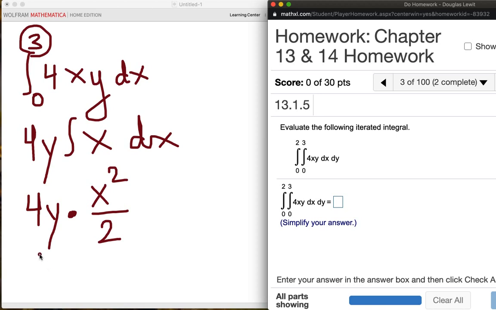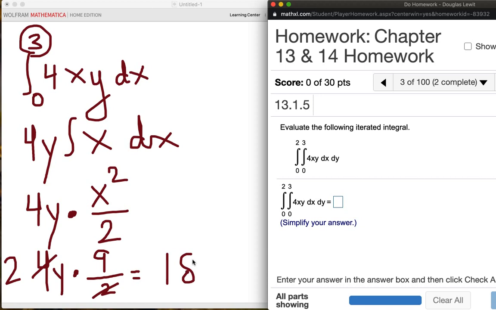We have 4 times y times 3 squared, which is 9, divided by 2. The 2 cancels out, 2 into 4 is 2, and then we have 2y times 9, so we have 18y.